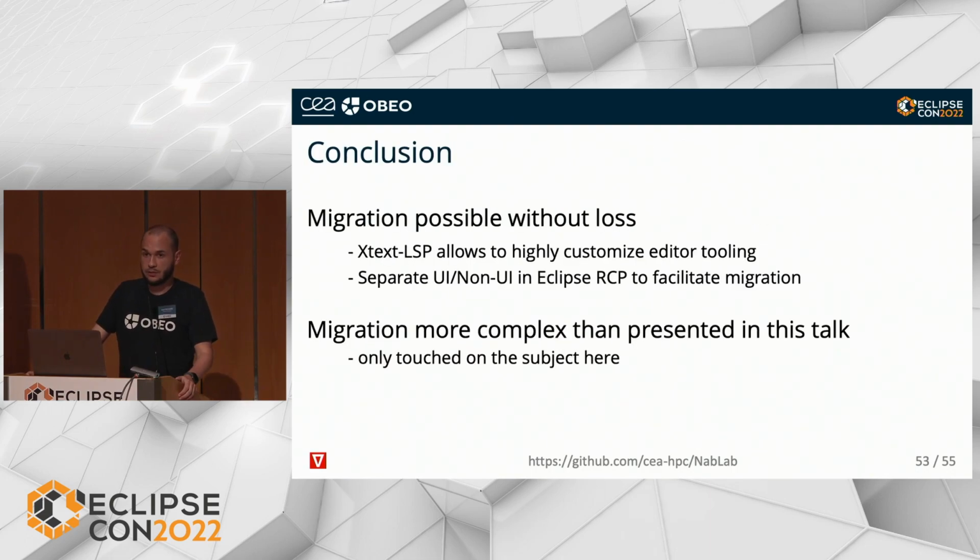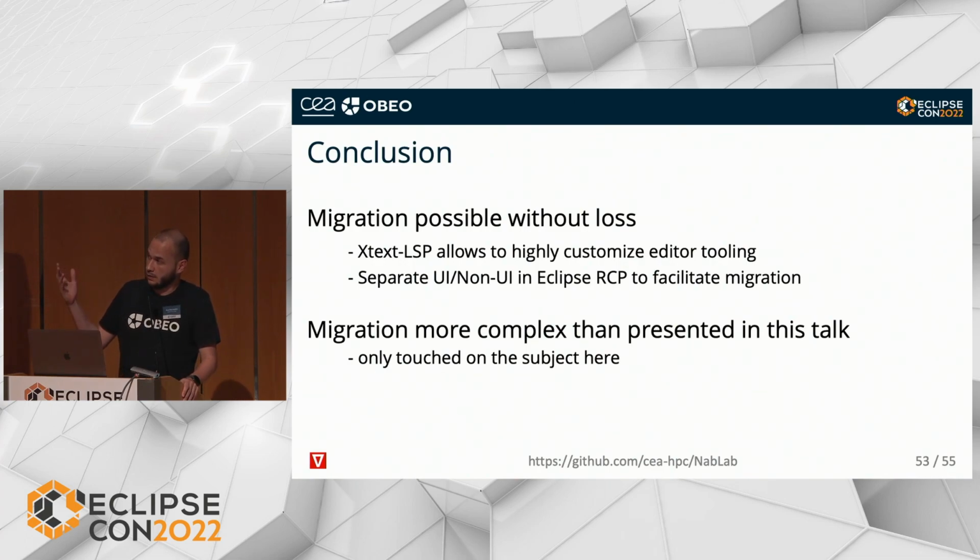So in conclusion, we can consider the migration to be a success because we share the same Xtext grammar and the same Sirius configuration file in both RCP product and VSCode extension without loss. The migration has been much more complex than presented in this talk, like the fact that we use two different grammars.